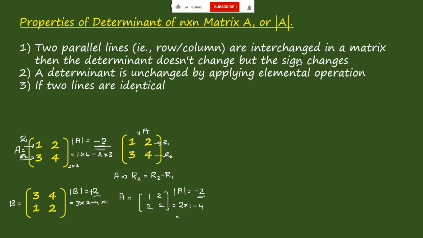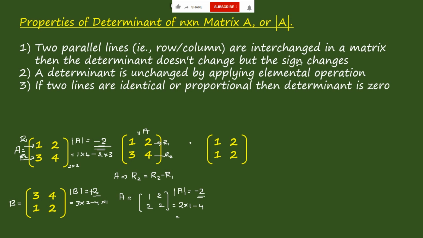If two lines are identical or proportional, then the determinant is 0. One more example for it. If you consider this one as the P matrix, you can see that row 1 is equal to row 2. Yes or no? In this case, the determinant of P is equal to 0.